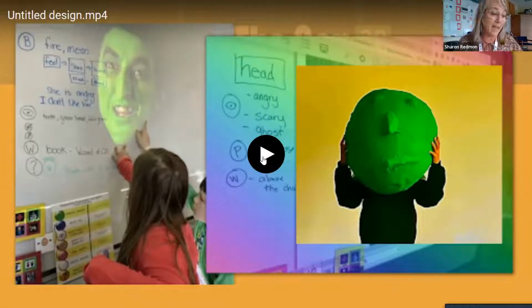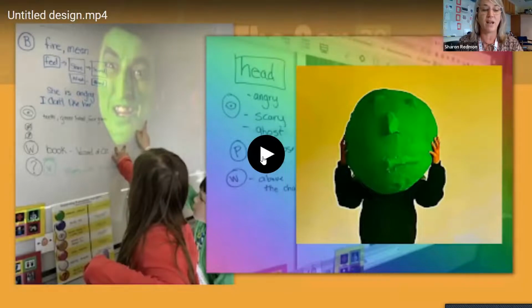So we made a big, huge paper mache head that represented the Wizard of Oz, and then each kid got to come in and get videoed. And so we used the technology piece in STEAM to be able to create a video of us having a big head, and it was pretty cool.